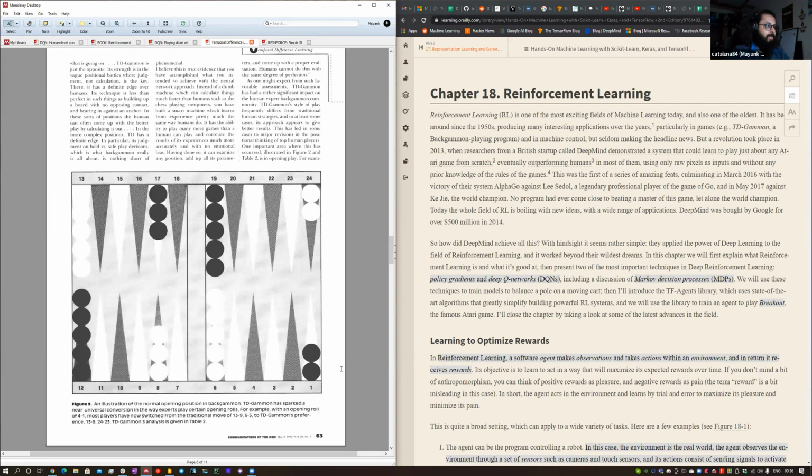It's a very common game that's been played. This TD Gammon application solved this firstly in machine control, and it made the headlines.